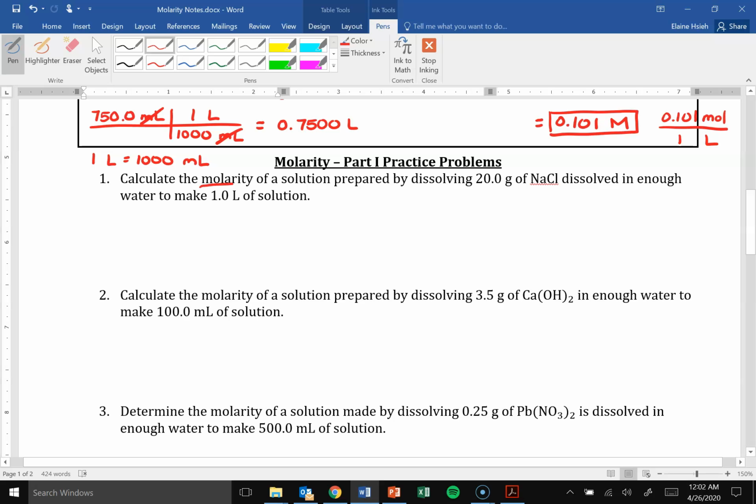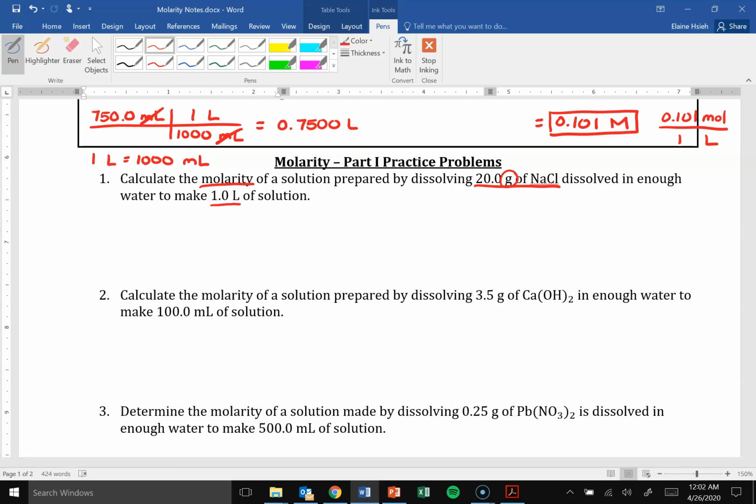I need to find molarity, so I'm looking for M. I'm given 20.0 grams of NaCl. Now this is in grams, so I'm going to need to convert that to moles. And I'm given 1.0 liter of solution. And that's already in liters, so great. I don't need to convert to liters in this case.